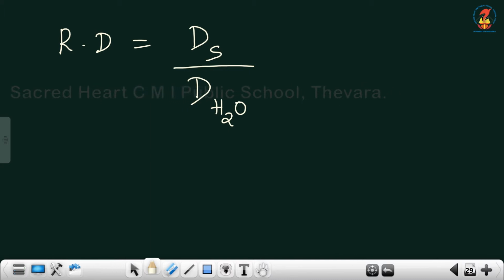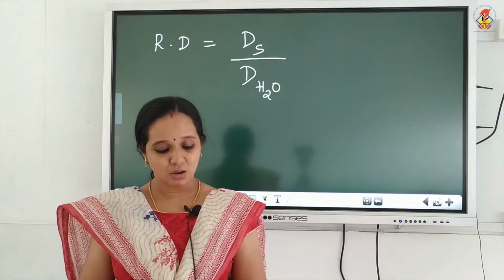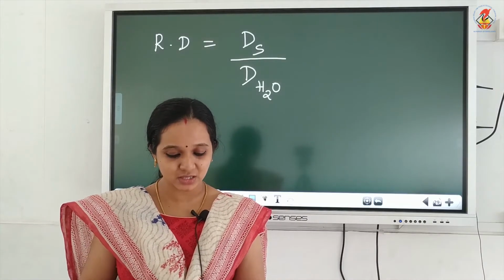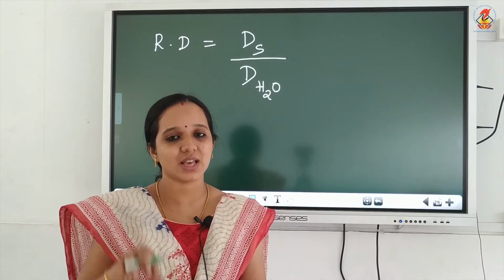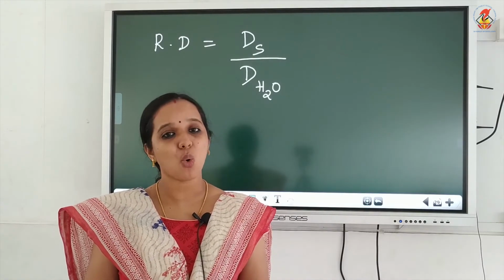That is, we are just comparing the density of a substance with respect to water. Or relative density means how heavy or light a substance is when compared to water.